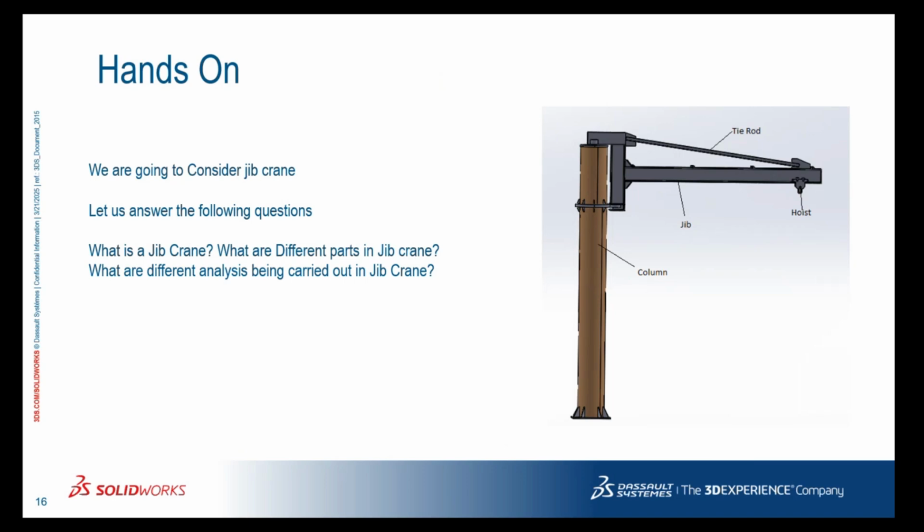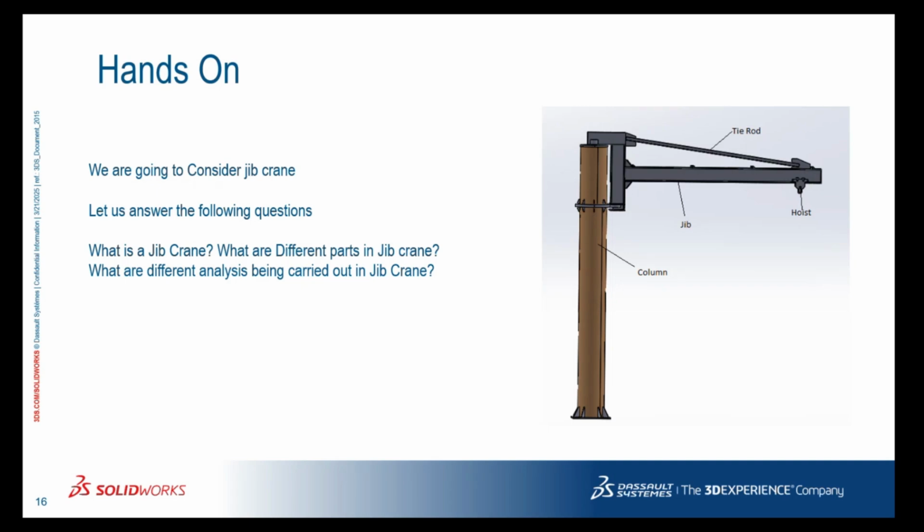Before moving on to hands-on demonstration on a jib crane, let us understand and answer a few questions. What is a jib crane? A jib crane is typically an overhead lifting device designed to move materials within a limited area. Now, what are the different parts in a jib crane?